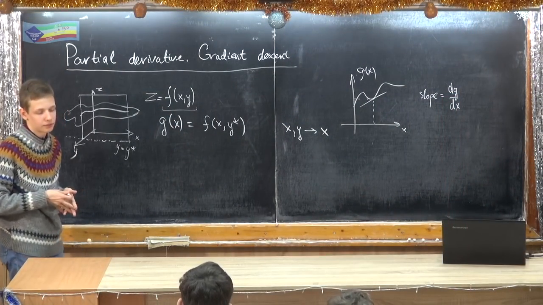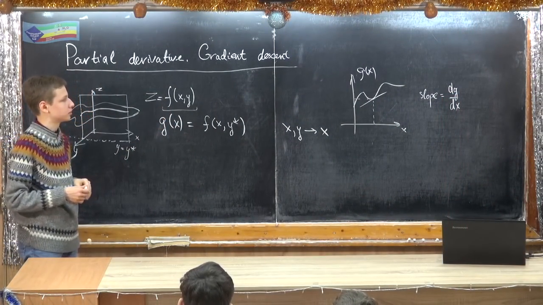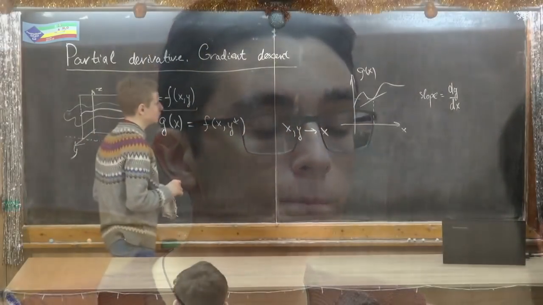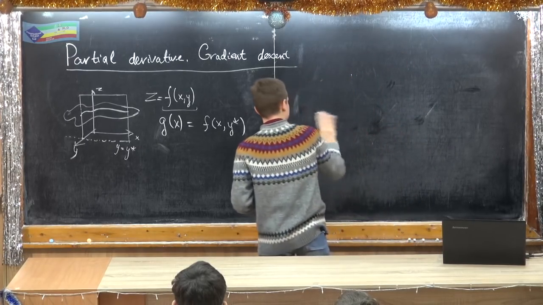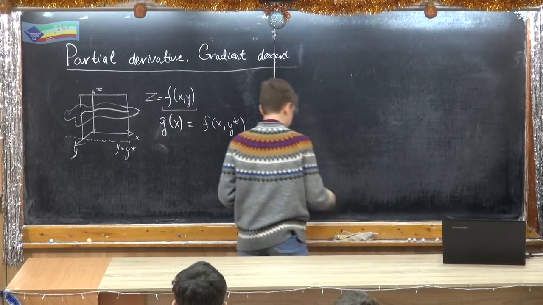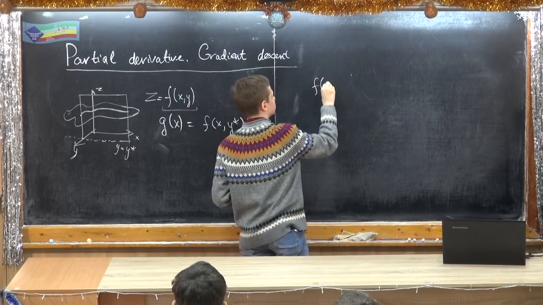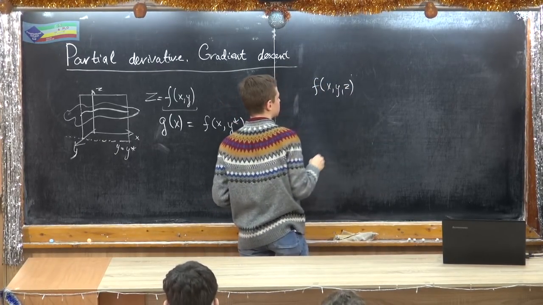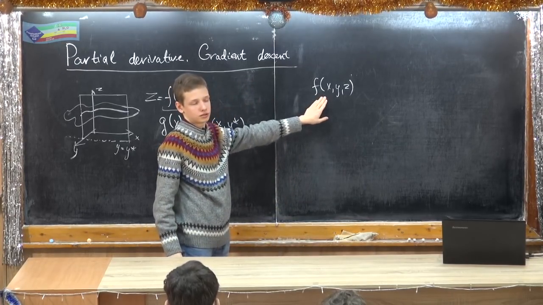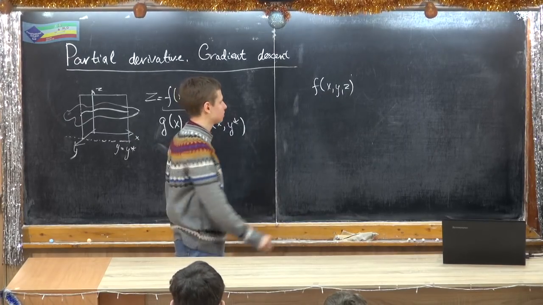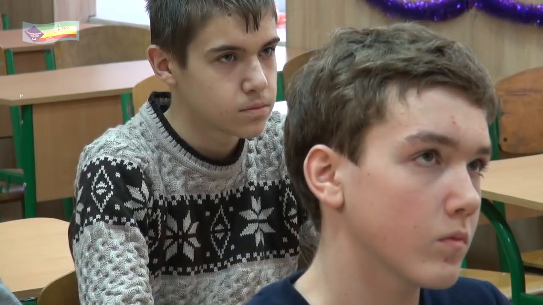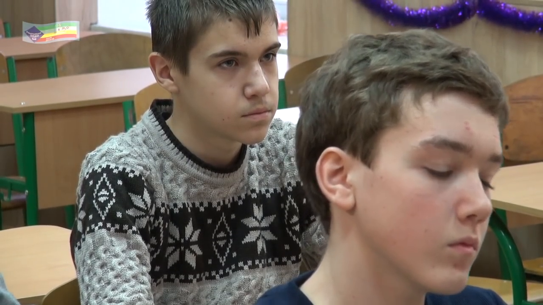And what happens if we have more than 2 parameters? Then we reduce again. For example, if we have some new function with 3 parameters, and we want to take the partial derivative with respect to x, we will denote this like that.